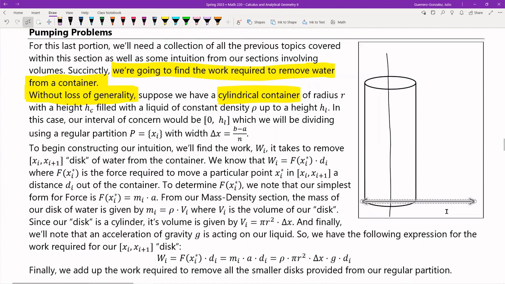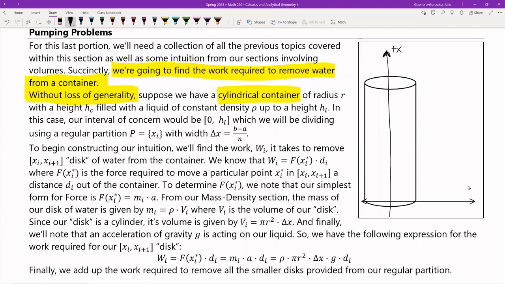There we go. I'm going to name this the positive X direction, just to give myself a direction.